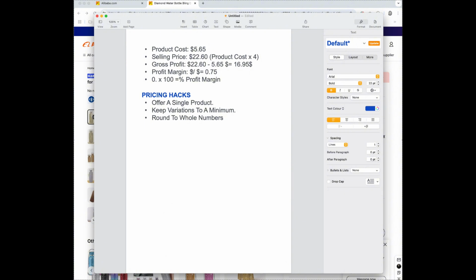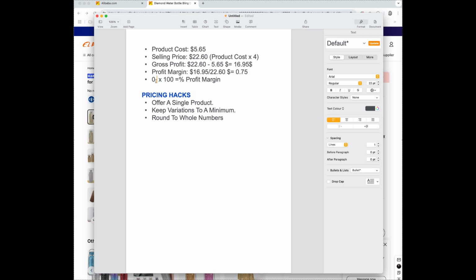And to calculate our profit margin, we're going to take our gross profit, which is $16.95, and divide it by our selling price, which is $22.60, and it would give us 0.75.